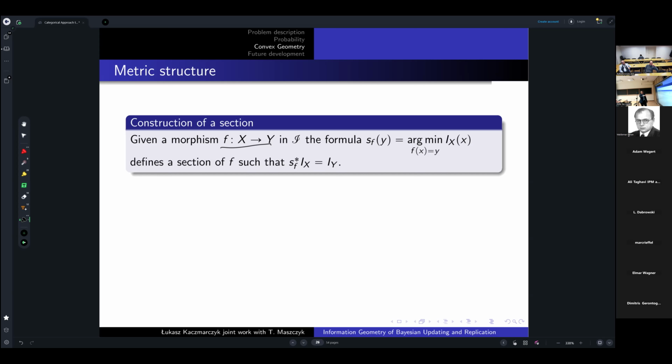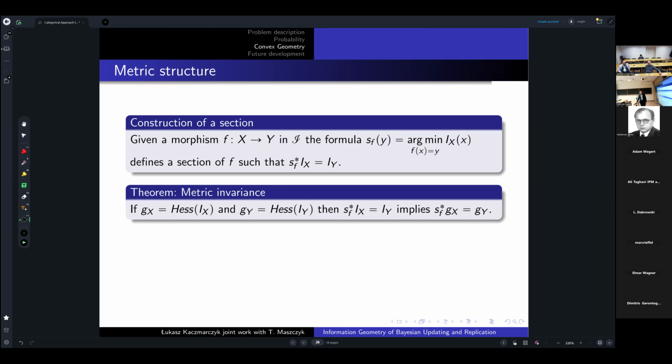Yeah, the F's are surjective and the S's are the sections of F. The existence of those S's that were written in this diagram at the beginning is exactly thanks to the James principle here.